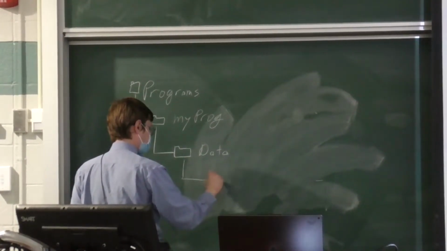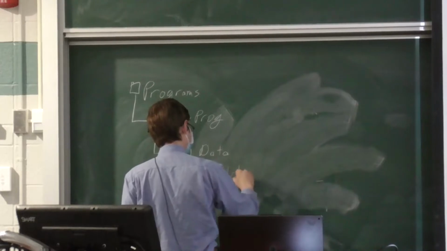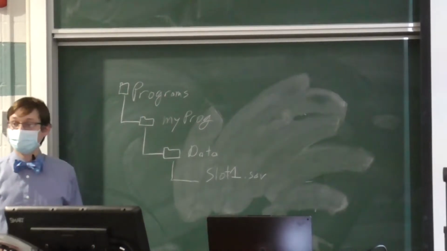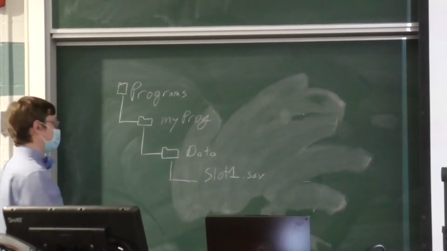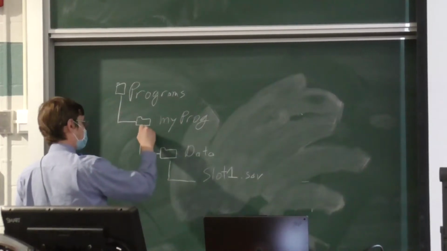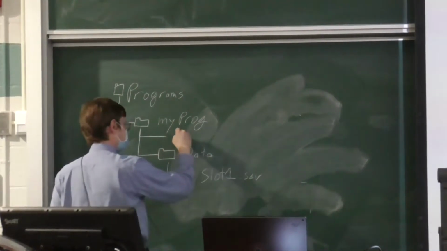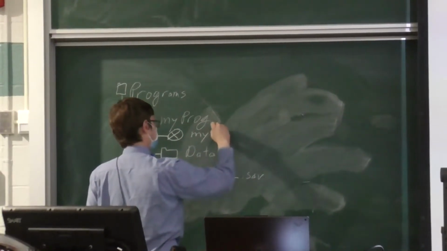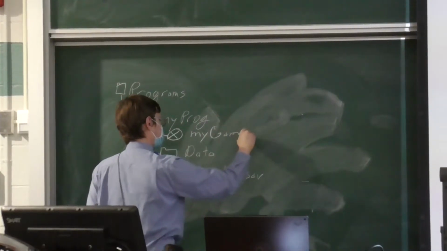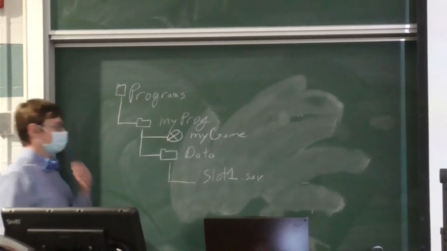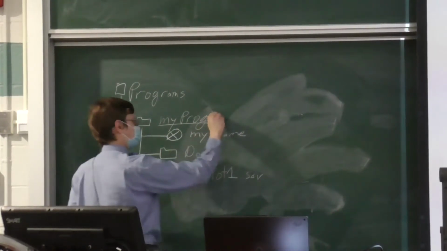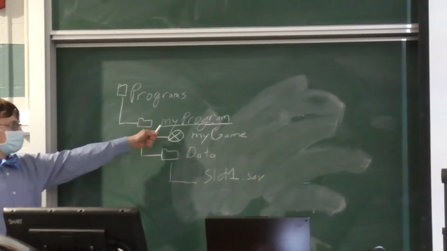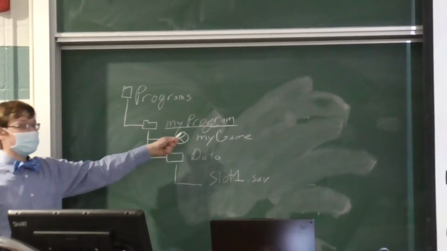Inside of that we've got slot1.save, right? Let's assume that my program folder also contains the executable file my game, right? My program will be the current working directory when my game launches.